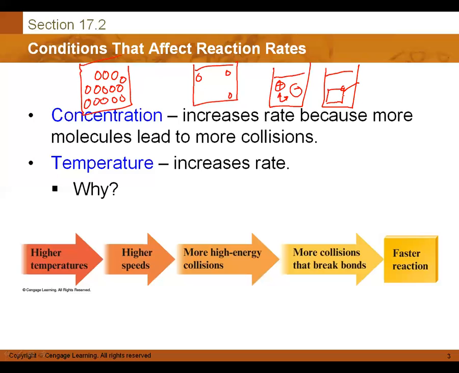On a generic scale, if you increase a reaction by 10 degrees Celsius, usually the rate of that reaction will double. Not all reactions, but in general, if you take the temperature up by 10 degrees Celsius, you'll see that particular reaction double in the rate of how fast it will occur.